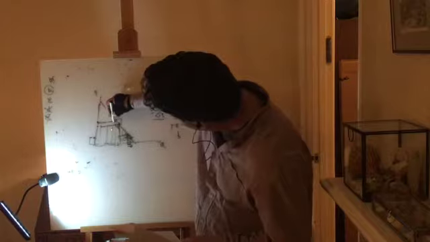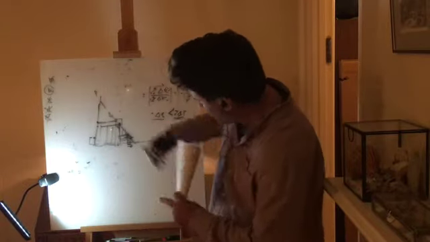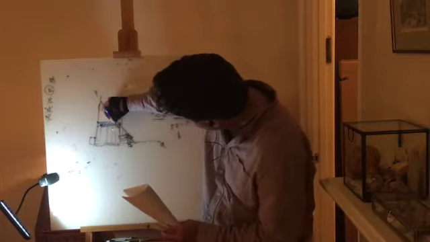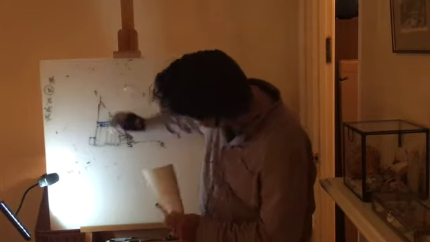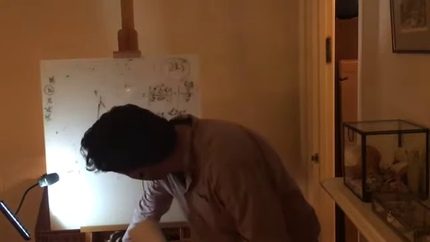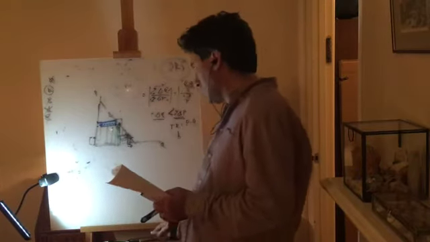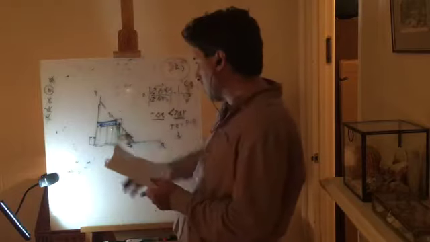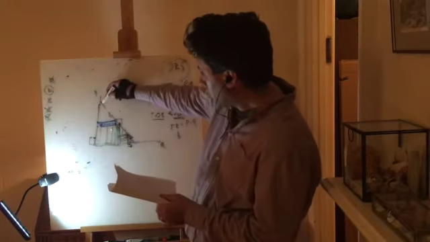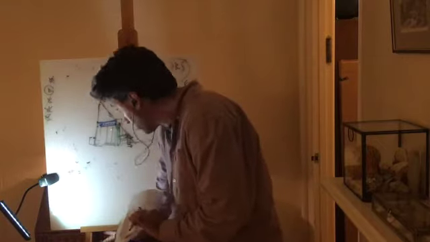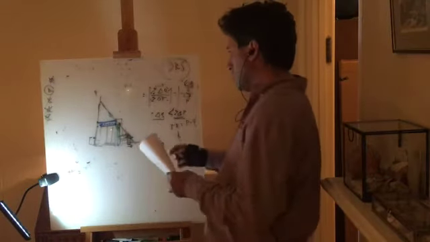We lost a certain area by reducing price, this area here, but we gained a certain area by increasing the quantity, this area here. And the marginal revenue tells me at what rate am I increasing or perhaps decreasing revenue.